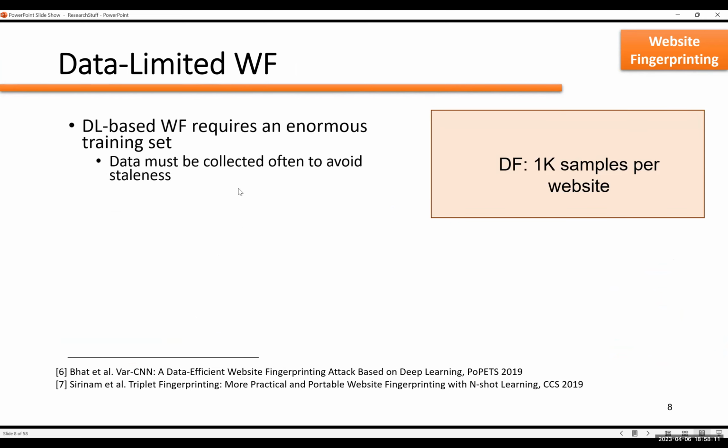Now, one downside of using deep learning and requiring a longer training process to teach the model how to pluck out useful features automatically from the raw traffic sequence is that it requires a fair bit of data to get the model doing well. In our case, with the deep fingerprinting model, around 1,000 samples is what we needed to hit those performance numbers.